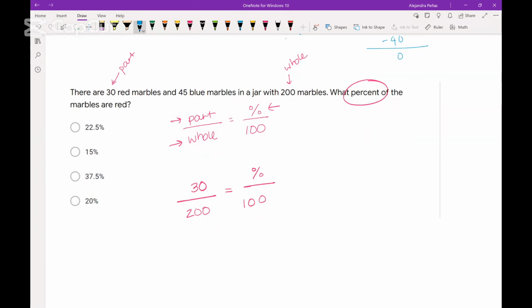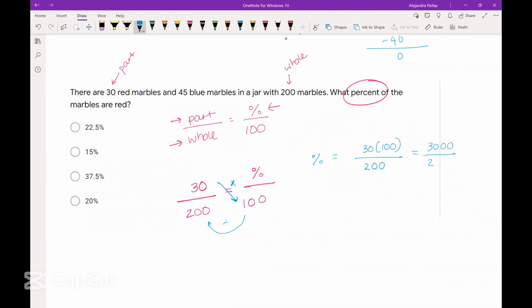Once again, to solve a proportion, we cross multiply and divide. So the percent is going to equal 30 times 100, everything divided by 200. If at any point I'm going too fast, please let me know. So 30 times 100 is going to equal 3,000.